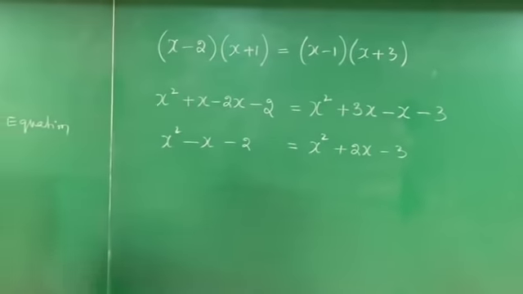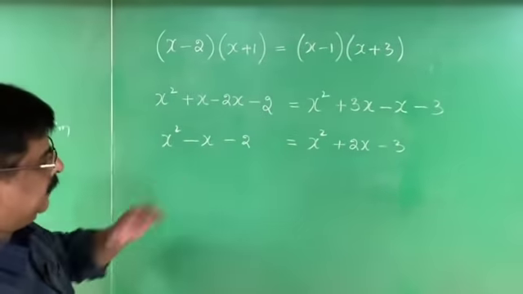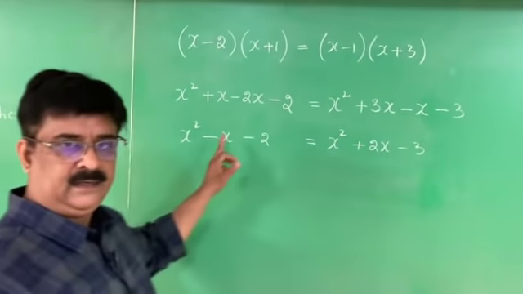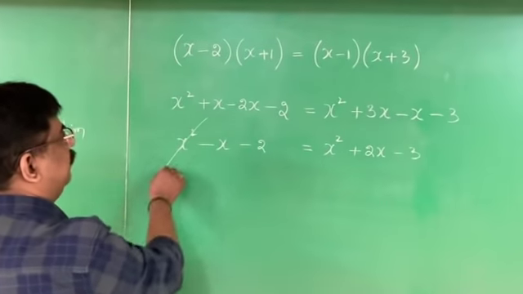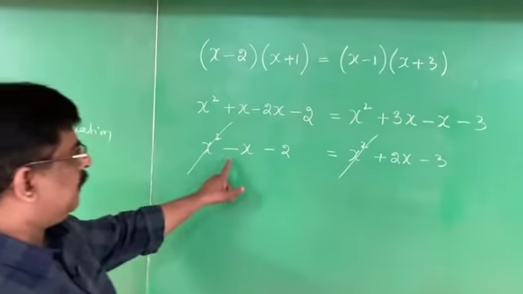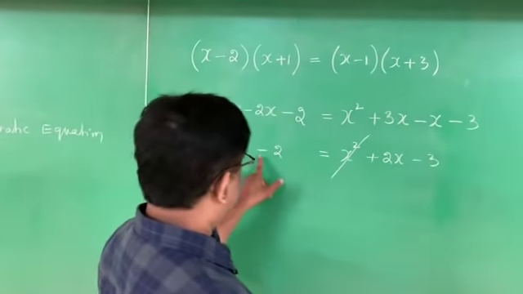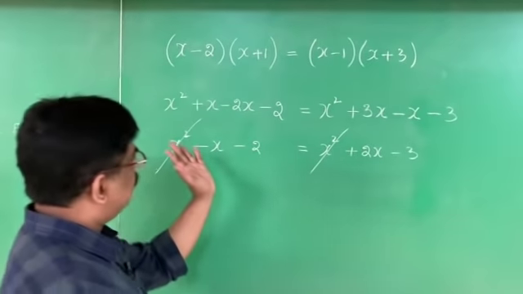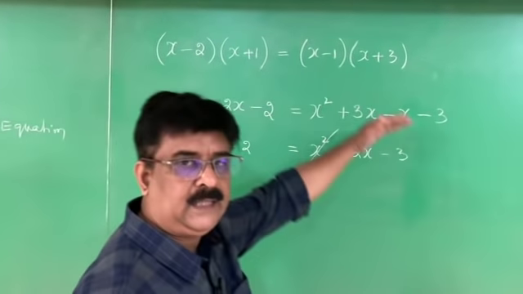Now we have to transfer. While transferring, you see both the sides x² are there. Therefore I can cancel them. x² is gone. The next term is minus x minus 2. Here plus 2x and minus 3, plus 2x is bigger. Therefore this side should be transferred to that side.